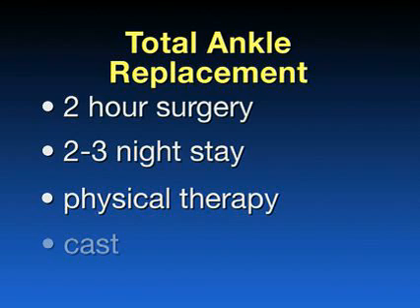You will initially be in a cast to protect your leg and to allow for appropriate wound healing for about 3 weeks, during which time you cannot place weight down on the leg. The cast will then be removed at about the 3-week point, and you'll be placed in a boot and begun weight bearing progressively over a 2 to 3 week period, and also begin physical therapy to strengthen your ankle once again and to train your ankle to be able to use the total ankle replacement that has been put into place.